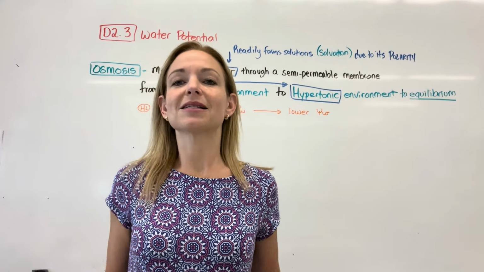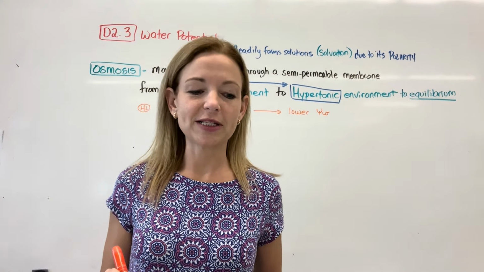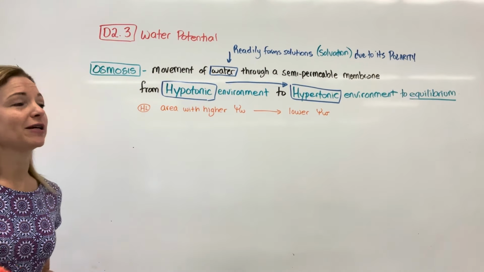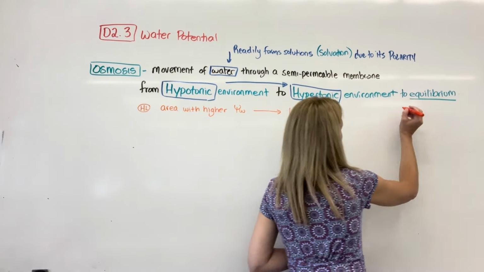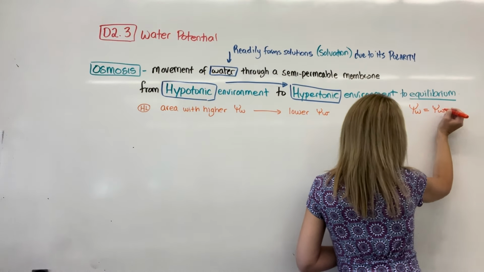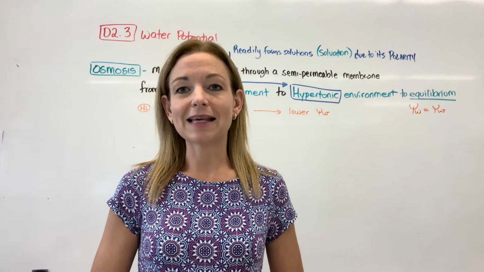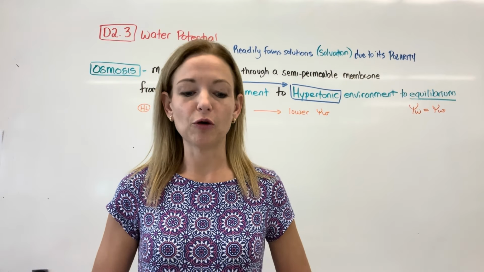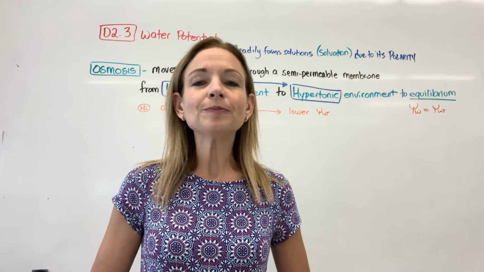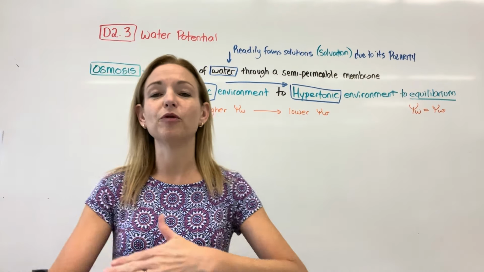So you could be asked a question in terms of tonicity, but you also would need to be able to do it from water potential as well. And then when we say equilibrium, equilibrium is going to be the place where the two environments have the same water potential. So once the water potential of both environments is the same, it will be done with movement. Okay, so that is our definition, just being clear on what it is and the direction.